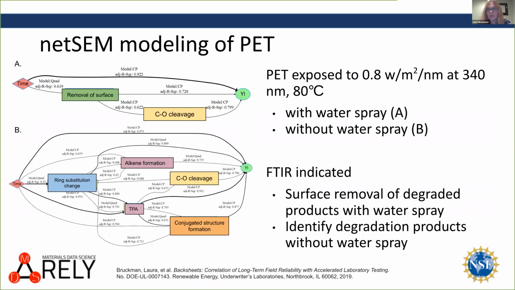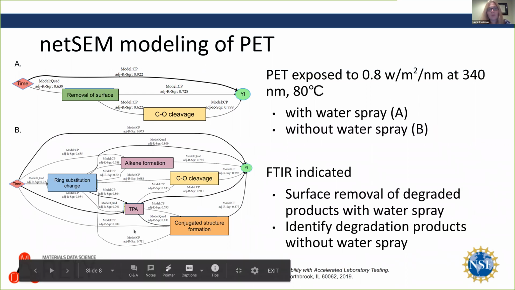So here's an example of netSEM. In this case, this is PET exposed to the same condition with and without water spray. And what we see here with just FTIR peaks, looking at the mechanisms, we see only two degradation mechanisms. We see a carbon-oxygen cleavage, and what we kept seeing is this clean PET peak in the FTIR.